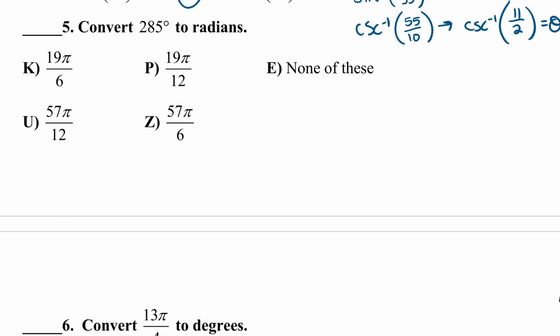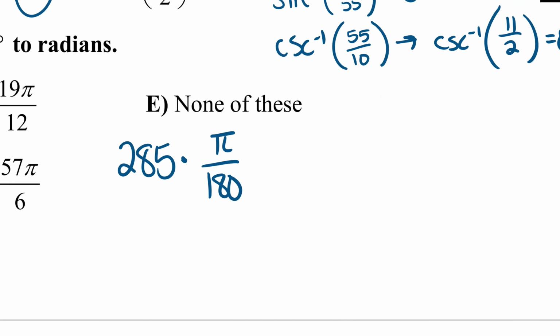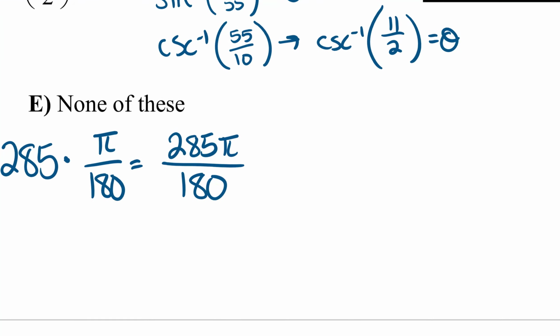Convert 285 degrees to radians. Okay, well, to convert, I would do degrees times pi over 180. So if I do that, I'm just going to get 285 pi over 180. 5 can go into both of those, right?